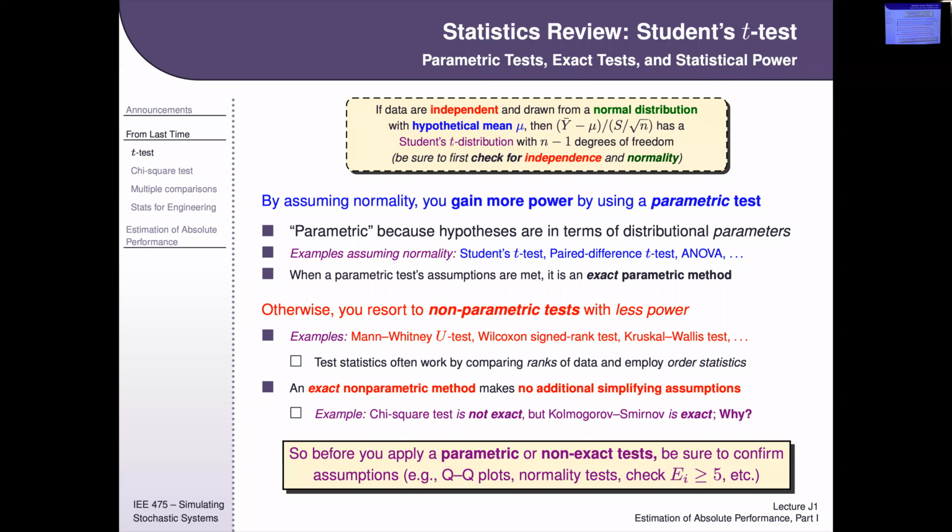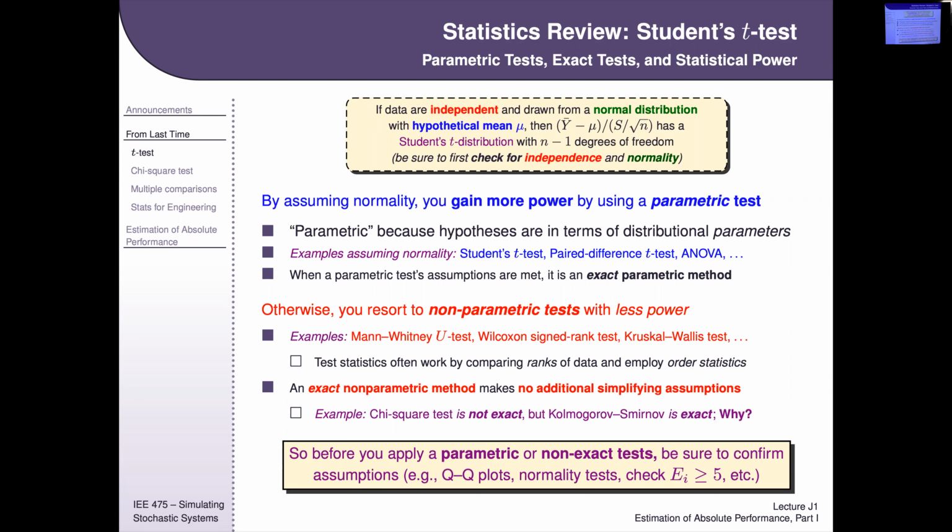In JMP, you'd find them there, and they're set up the same way: here are my two columns of data, apply this Wilcoxon signed rank test. Anywhere in JMP where you could apply a paired t-test, you could also apply a Wilcoxon signed rank test. It'll run fine, and you'll get p-values out. But this one will have less power than this one, while this one you'll be allowed to use on a wider set of data sets than this one.